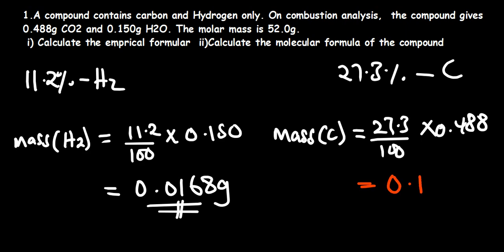So round off to three significant figures. So here is the mass of carbon, here is the mass of hydrogen. Once we have the masses of carbon and hydrogen, we just use the same method that we used in the previous class to find the empirical formula and the molecular formula. So what did we say? We always arrange it in this form. So let me clear this.